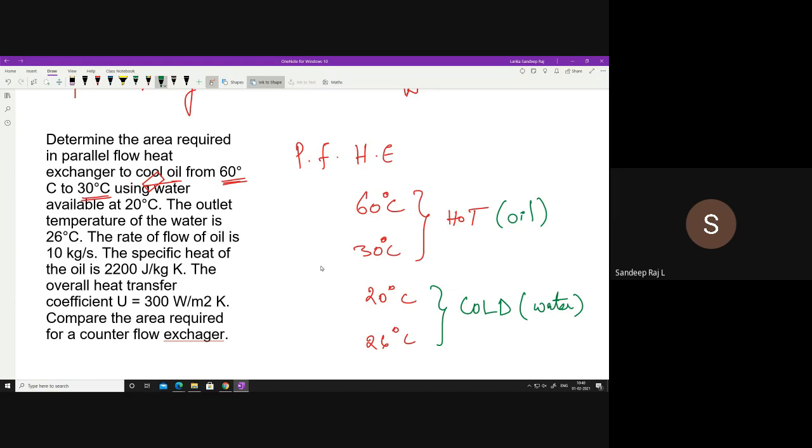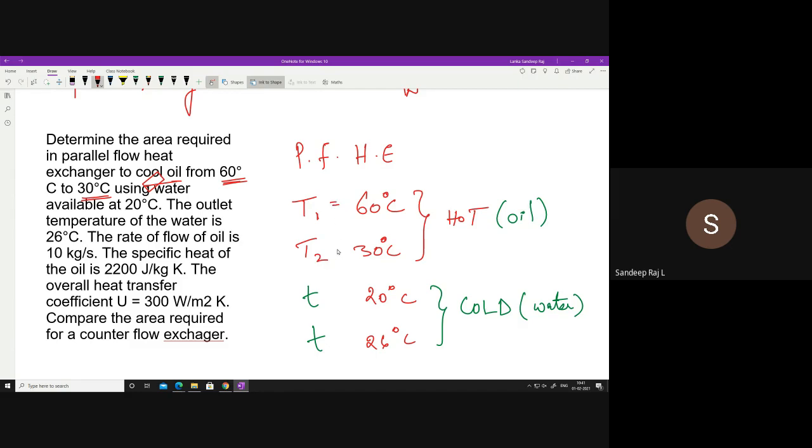Look at the values of temperatures and you will understand which one is hot and which one is cold. If it is hot, what is the nomenclature that we take? Capital T. If it is cold, what is the nomenclature we take? Small t. If it is entering, the suffix is 1; if it is leaving, 2.